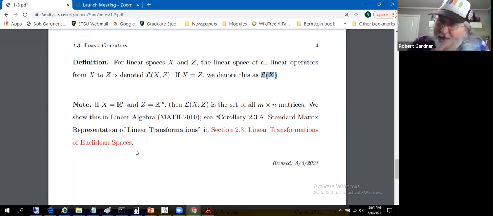Yeah, they were represented by matrices. And if I take the collection of all m by n matrices, that's a vector space of m times n. In fact, it's isomorphic to R to the mn if the scalars are real. That is the vector space of m by n matrices with real scalars. So it turns out this itself is a linear space, as we just observed.